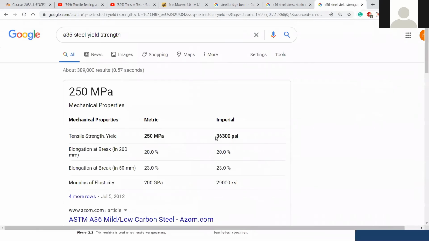Its yield strength is 36,000 psi. That's why it's called A36.